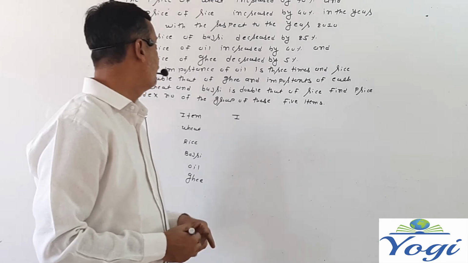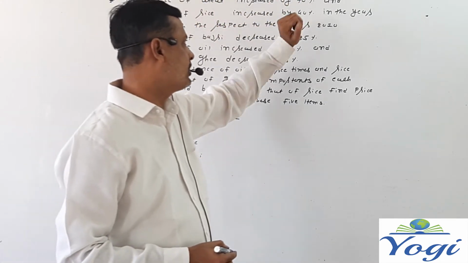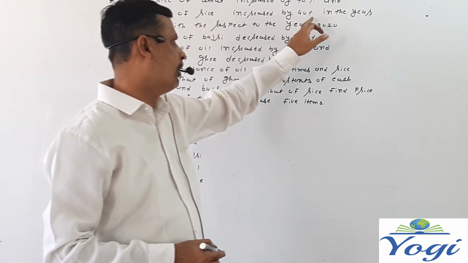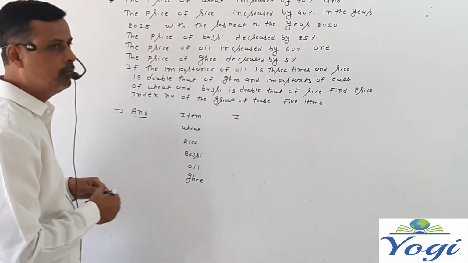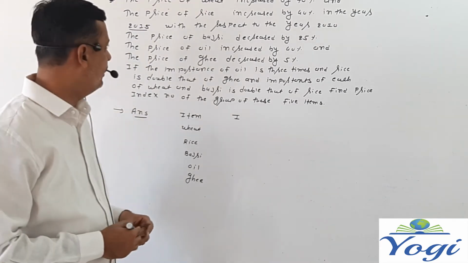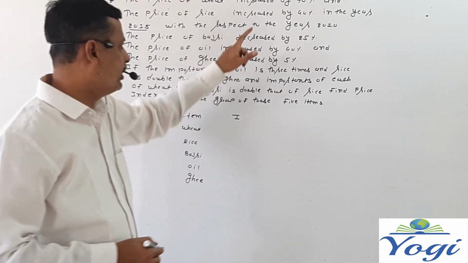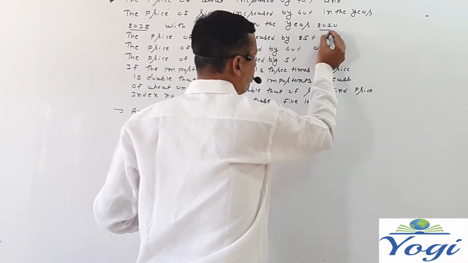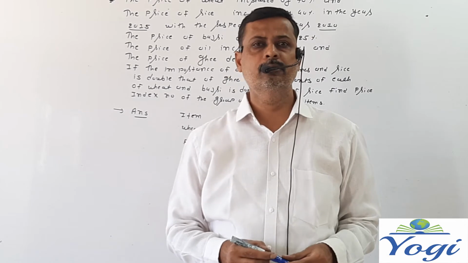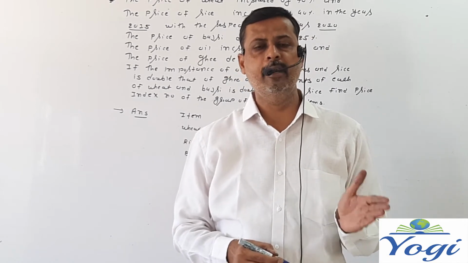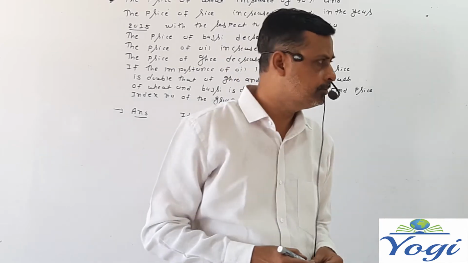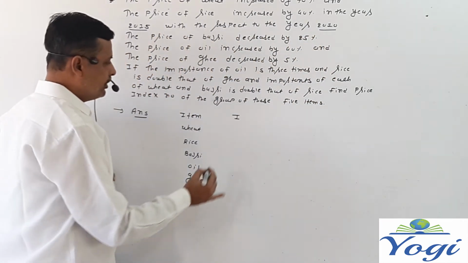And the price of wheat increased by 70%. Price of rice is increased by 40% in the year 2015. So 2015, that is our current year, with respect to the year 2010. So 2010 is our base year, and as we all know that base year index is always 100.